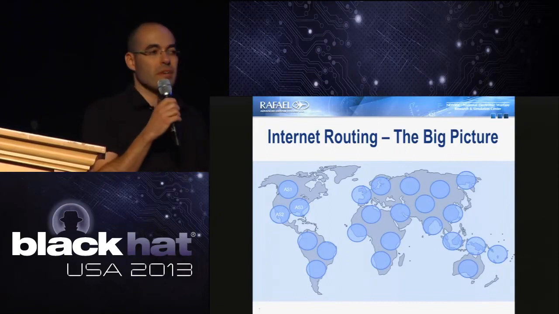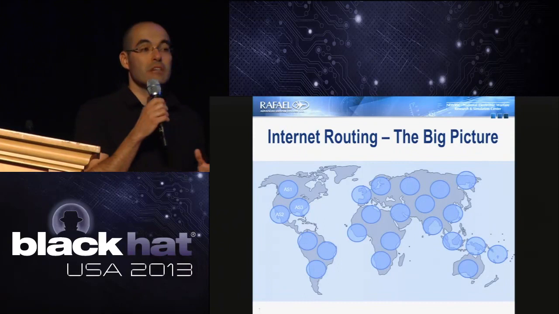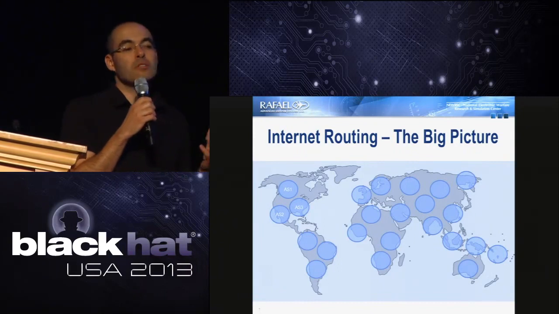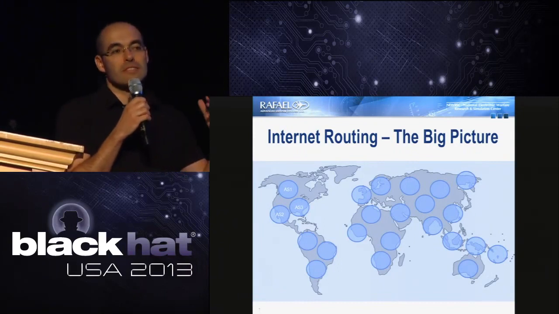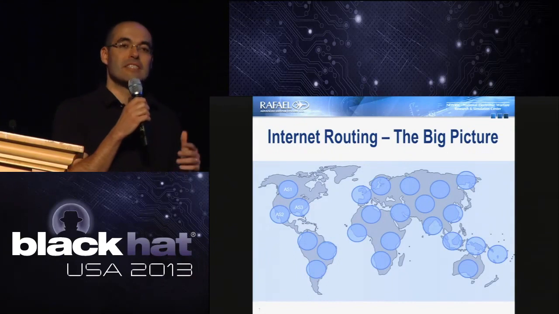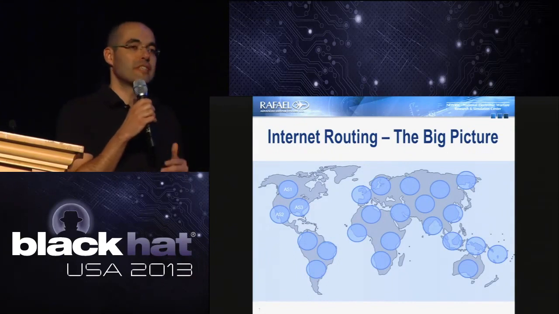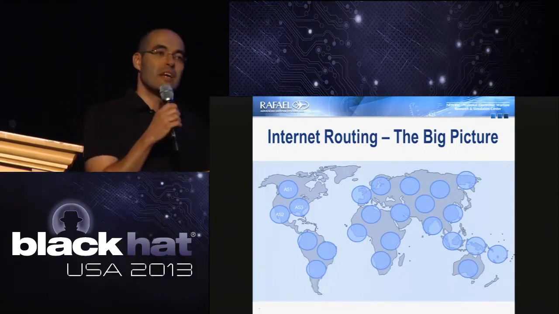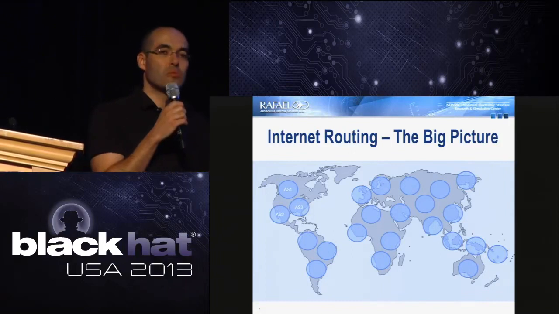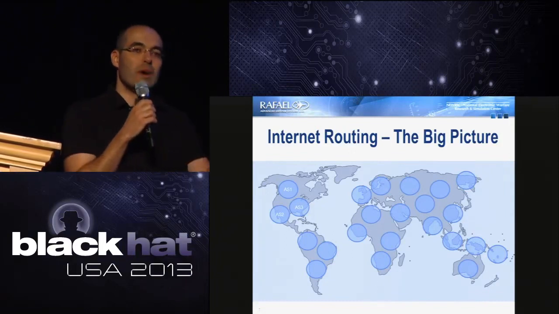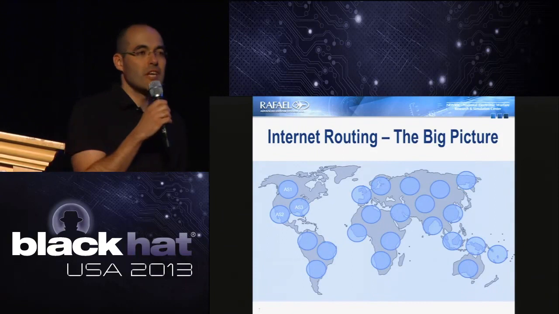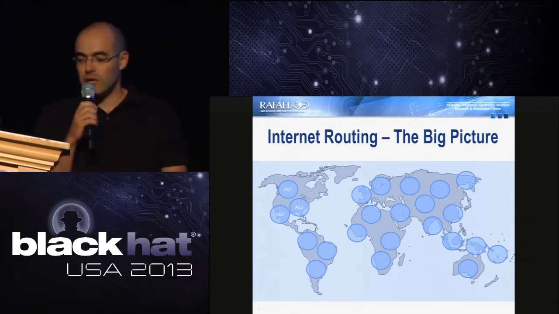There are some 45,000 autonomous systems on the internet today. So this means that routing on the internet works in two levels. The higher level is the inter-autonomous system routing, which determines the autonomous systems through which the packet traverses. This is done using the BGP protocol.